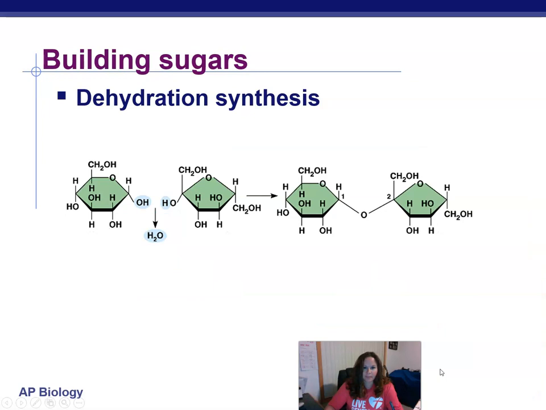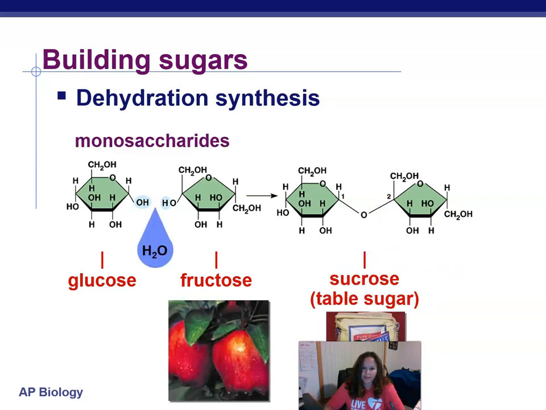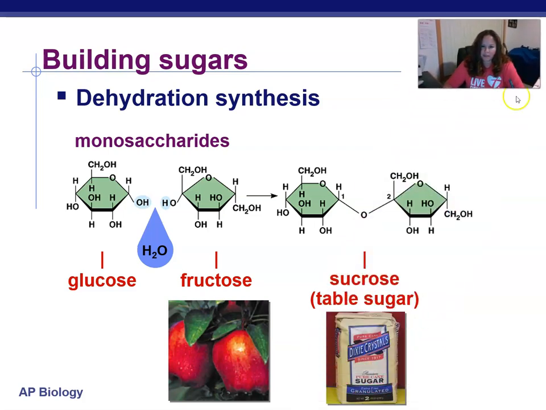Let's try another one. Here we've got glucose and fructose, both monomers or monosaccharides. We'll do the dehydration synthesis again and remove water so that we can create the glycosidic linkage between them. And what do we make? This is how we make table sugar.